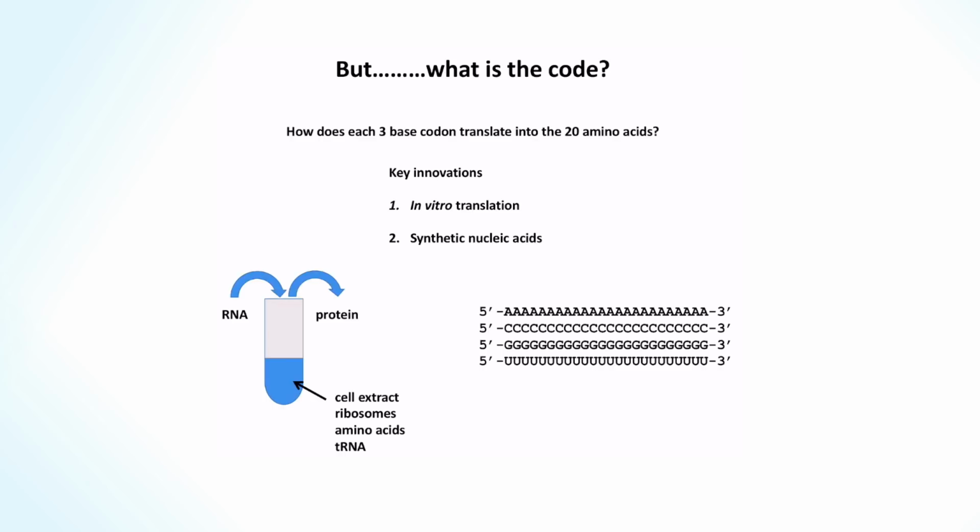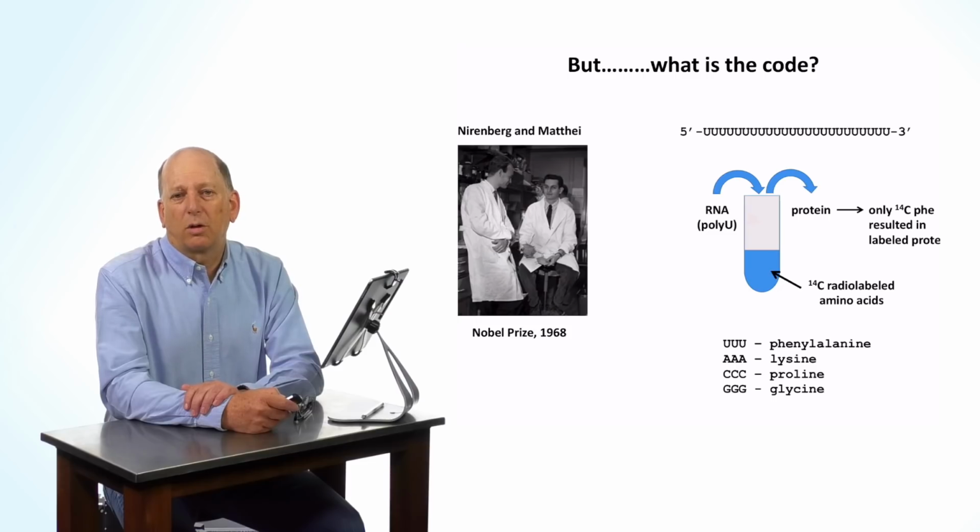The first such studies used poly A, C, G, or U. This work led to identifying UUU, AAA, CCC, and GGG as encoding phenylalanine, lysine, proline, and glycine, as it was these amino acids that were incorporated into a peptide sequence. The experiment led to a Nobel Prize in 1968.